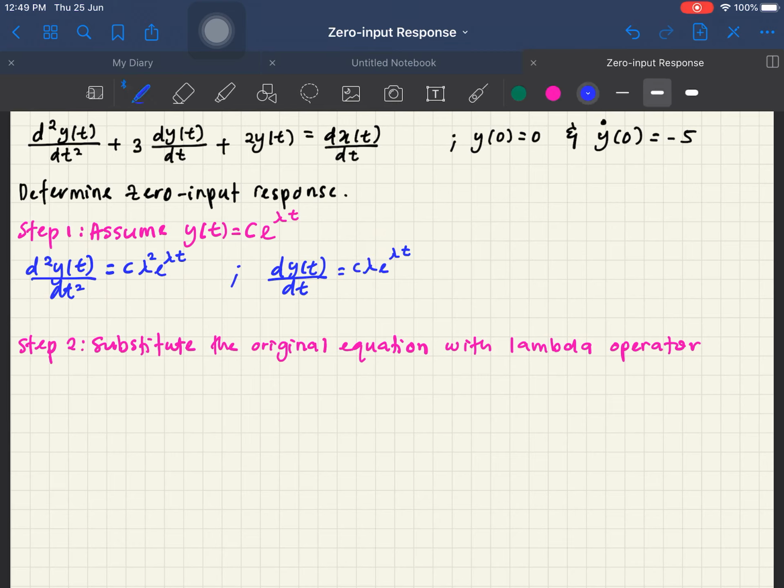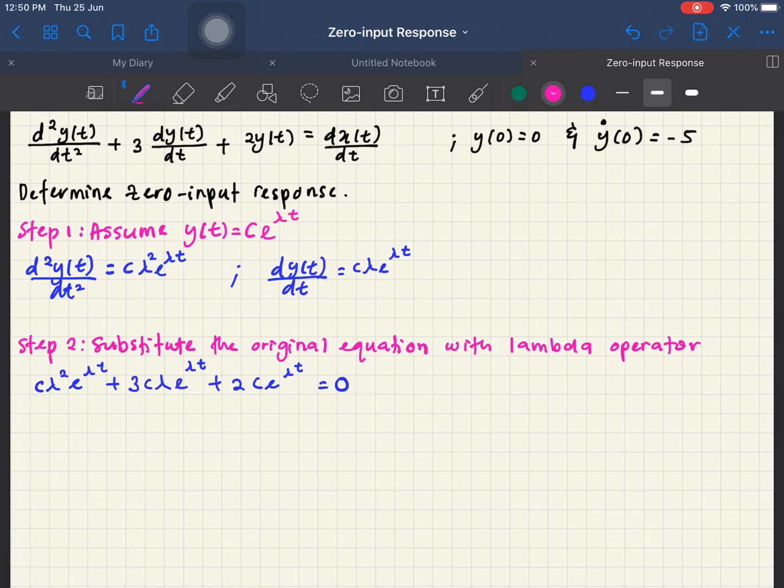So you will have c lambda squared e to the power of lambda t plus 3 c lambda e to the power of lambda t plus 2 c e to the power of lambda t equals 0, because we are solving the zero input response, which means the external input x of t equals 0.